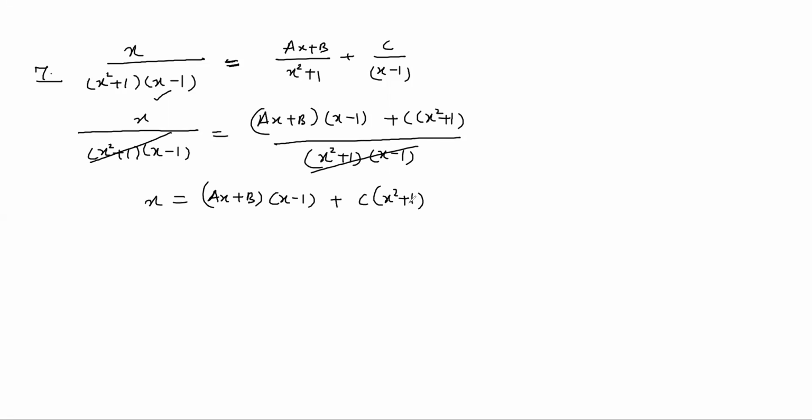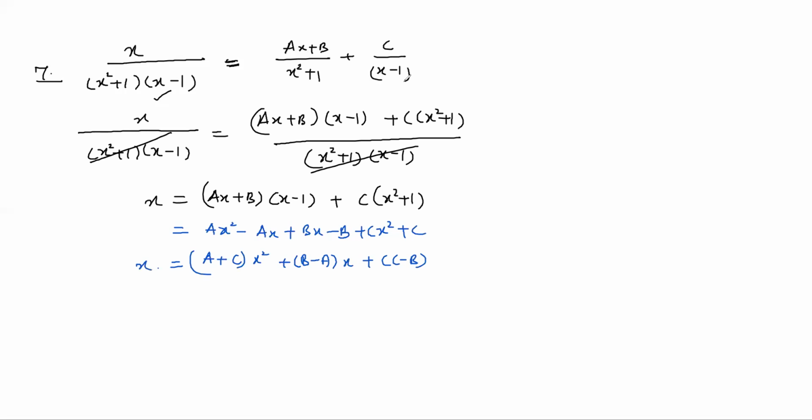Now guys, in the previous question, I made the two brackets equal to 0 to find out the value of a and b. One more thing you can do, as I'm doing in this question, you can multiply the whole thing. It will be ax square minus ax plus bx minus b plus cx square plus c. Now take the coefficient of x square together, x together and constant terms together. So it will be a plus c x square and the terms of x are like this, b minus a x and the constant terms are c minus b. And in the left hand side you have x only.